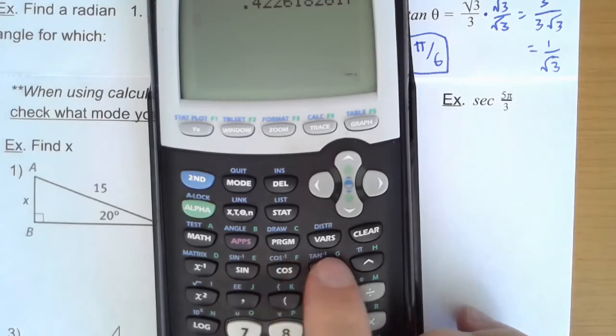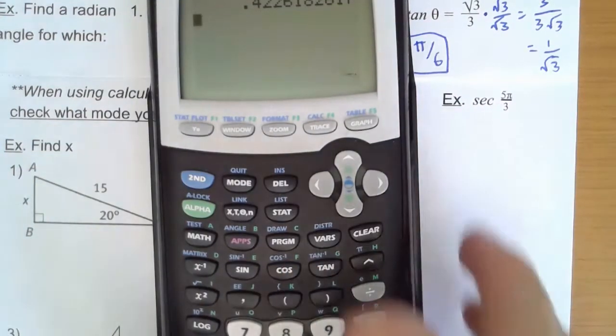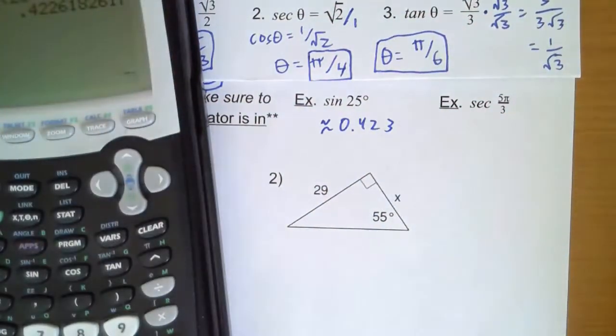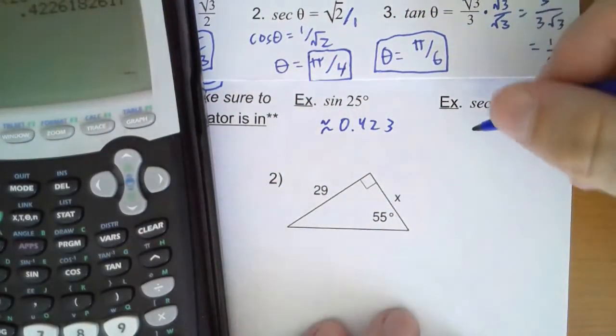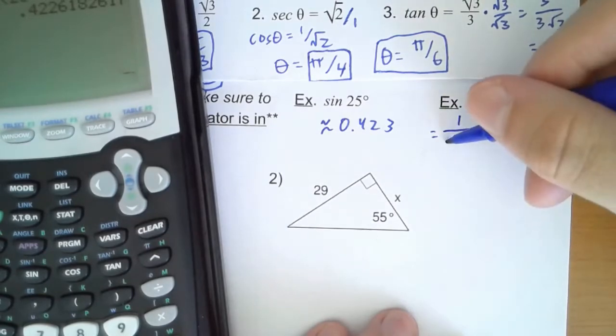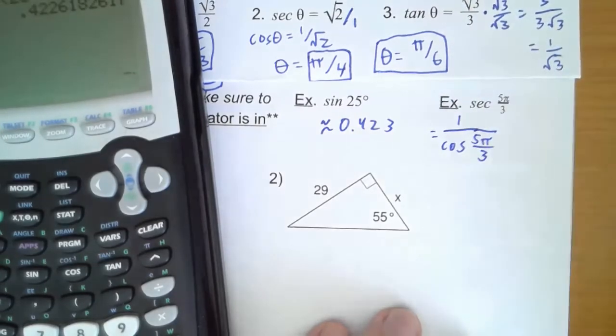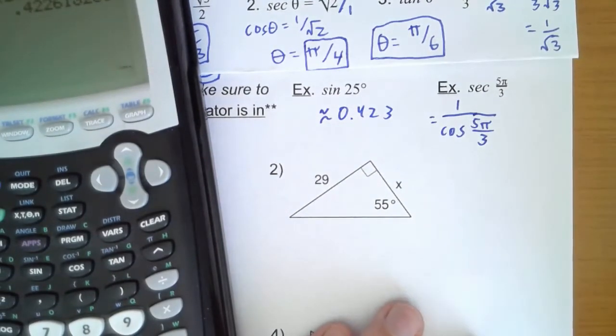Those are going to be inverse functions. We'll talk about those in a minute. So there's no secant button. Well, what is secant? It's just the reciprocal of cosine. So what I want to do here is find 1 over cosine. And the angle stays the same. The angle's not changing. I want to find the reciprocal of cosine.